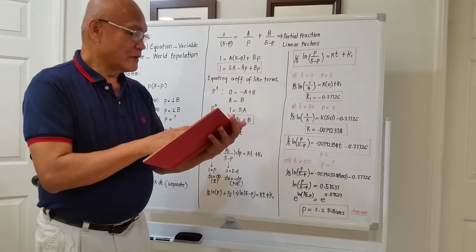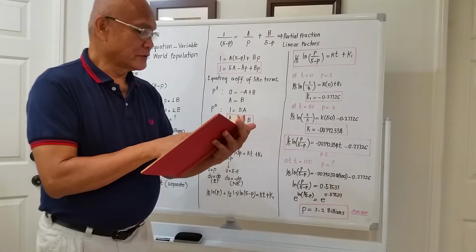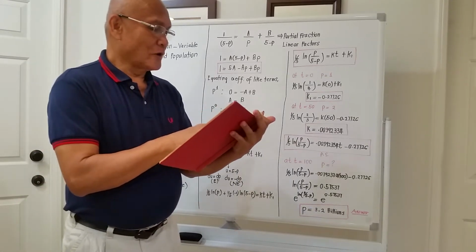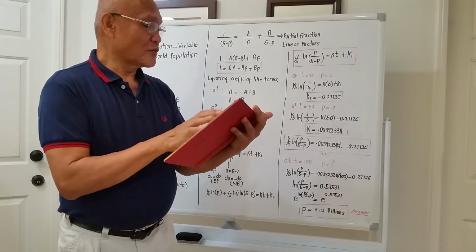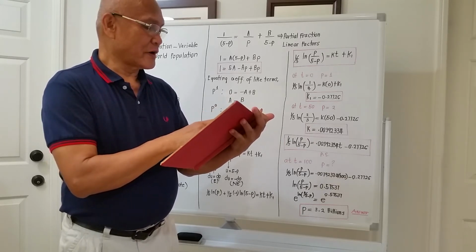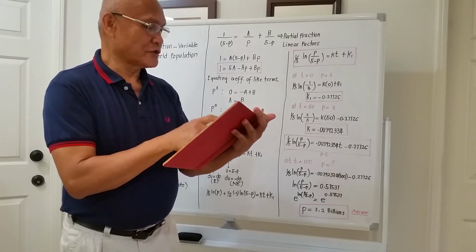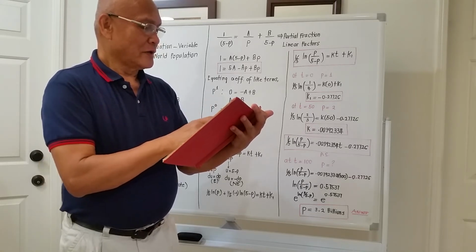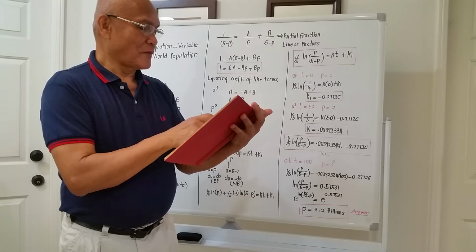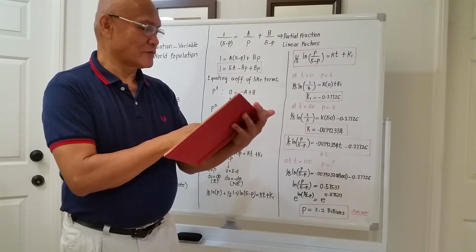It is estimated that the Earth can support a maximum population of 5 billion. It is further supposed that the rate of increase of population is jointly proportional to the population and to the difference between the population and the estimated maximum.